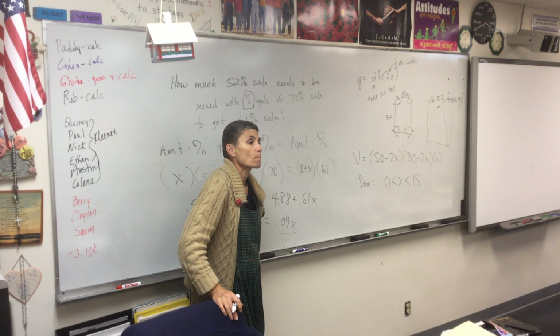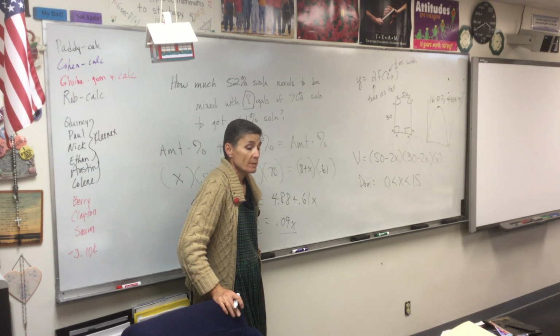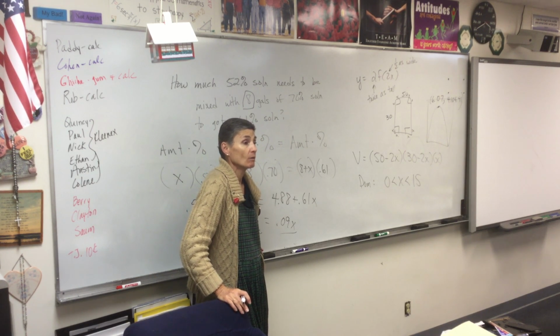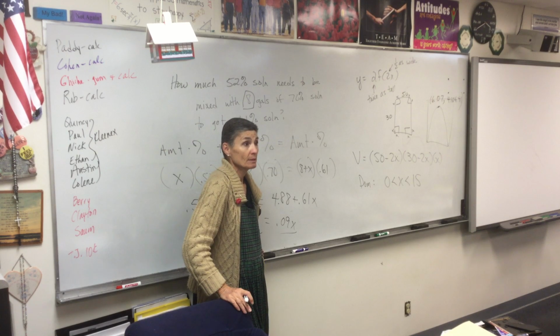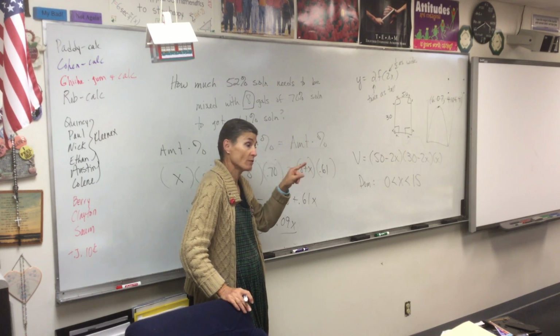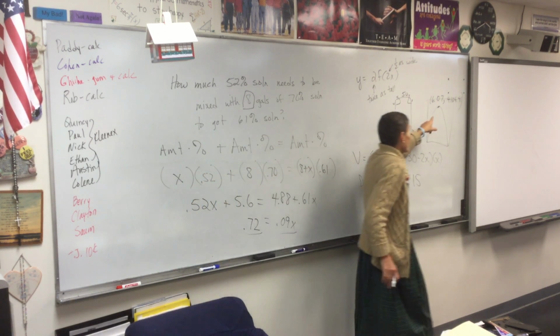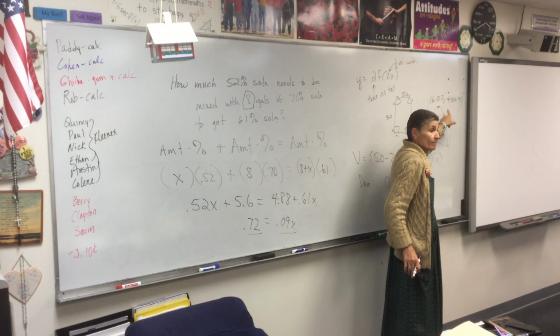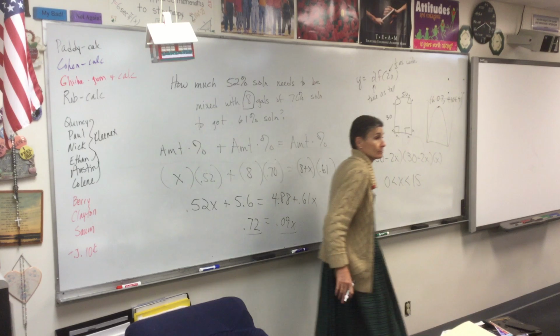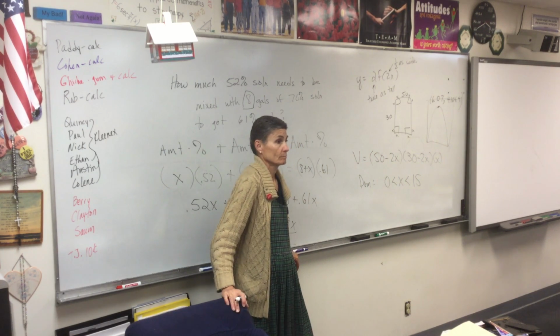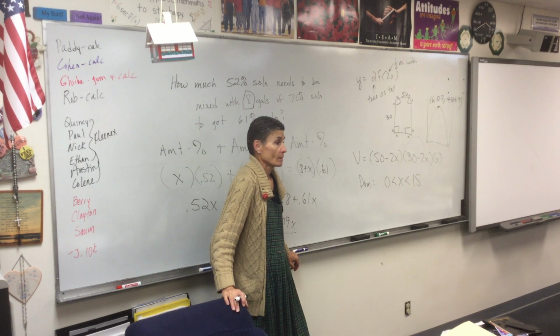Morgan? What does it mean, like, put the cursor on the left side? Because when you press second calc and then you press maximum, the cursor comes on the screen and it says left bound. So you gotta move the cursor so it's on the left of the point you're looking for. It's always 0 less than half.